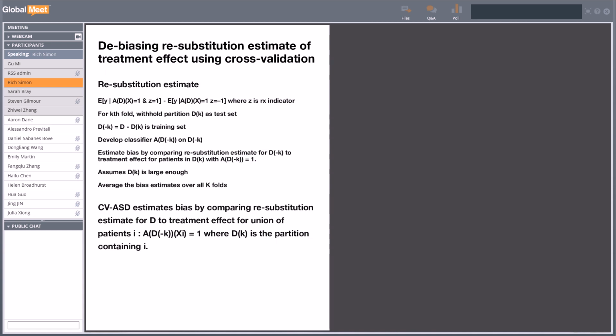Now, when we developed the adaptive signature design and the cross-validated adaptive signature design, we were not really interested in having a new way of identifying a subset that benefits from a randomized clinical trial.